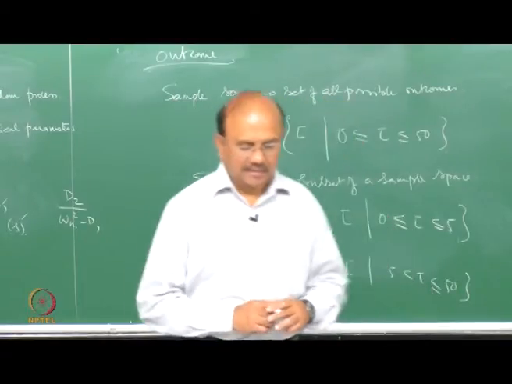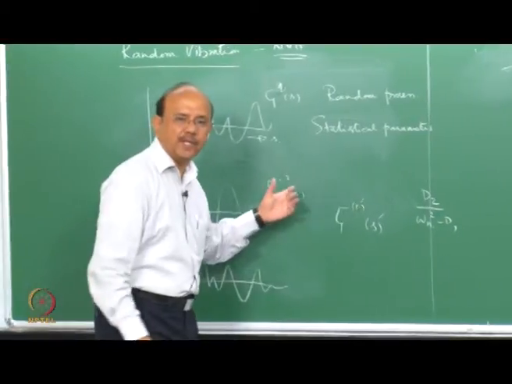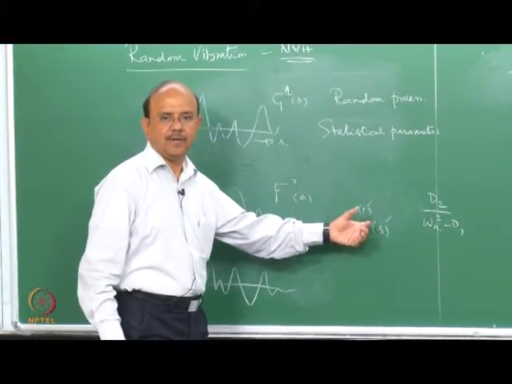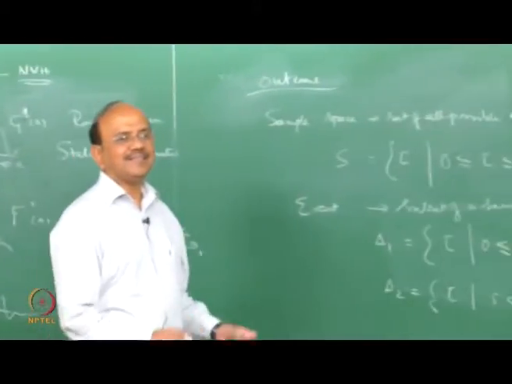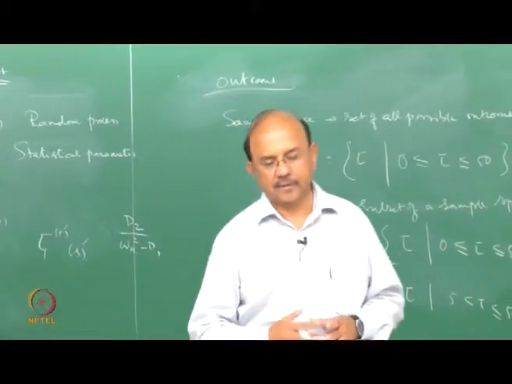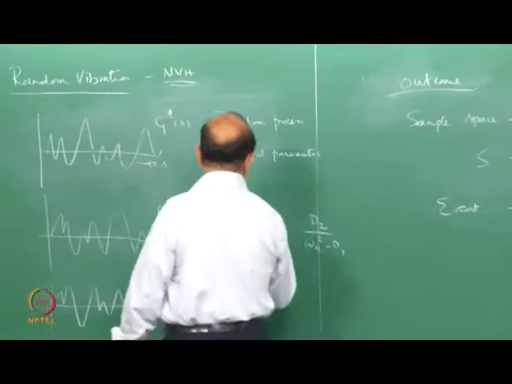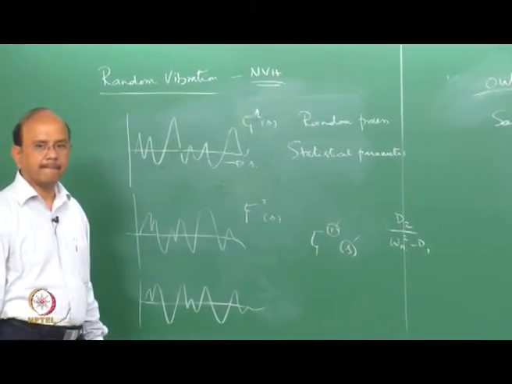In other words, a random process is a family of random variables, and usually, like in this case, they have two indices, R and S.